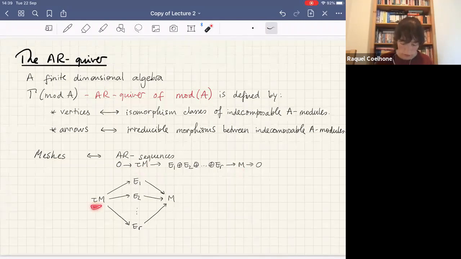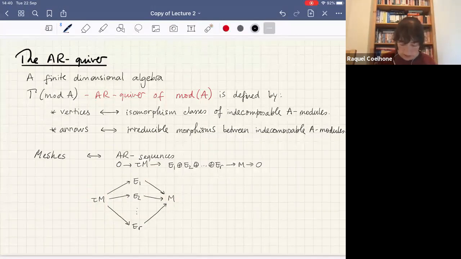So there is a vertex for tau M and a vertex for M. This morphism here is going to be decomposed like this, and each one of these is irreducible, and there is an irreducible morphism from E_i to M if and only if there is an irreducible morphism from tau M to E_i, if M is not projective. So this is how we're going to draw an Auslander-Reiten sequence in the quiver.